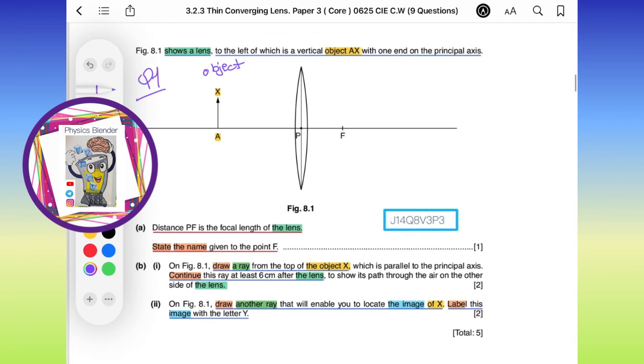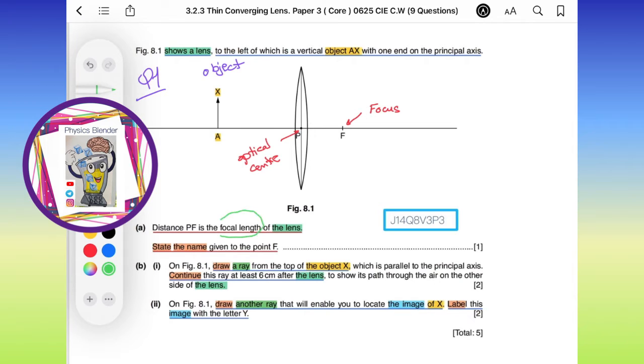Okay, this point P is called the optical center, and point F is not labeled, but you know that the distance between the focus and the optical center is called the focal length.